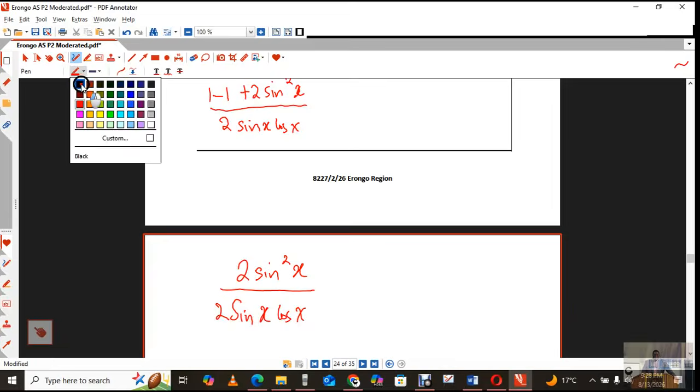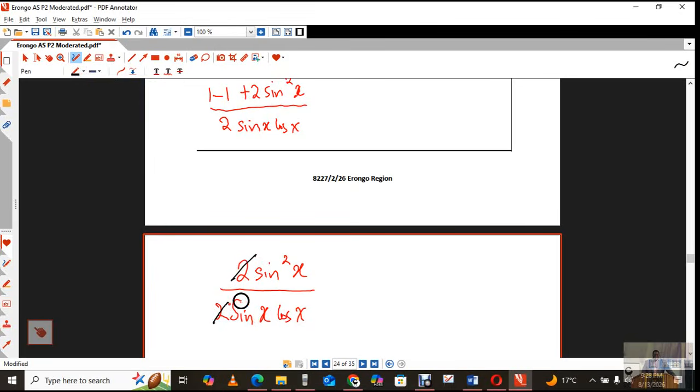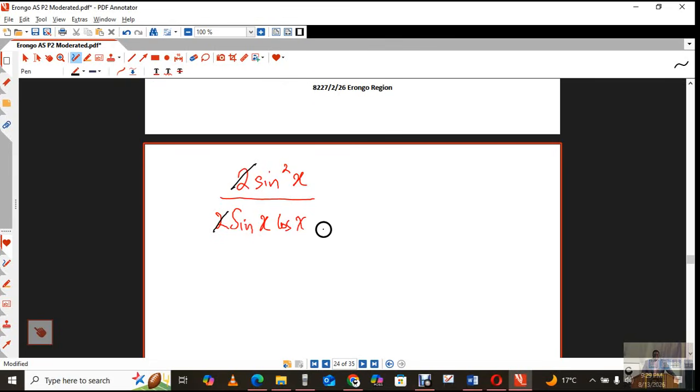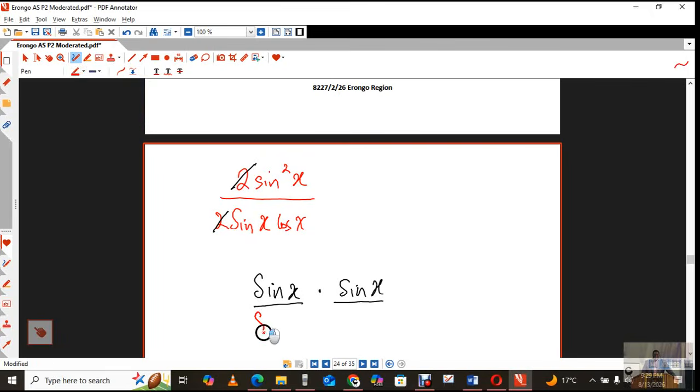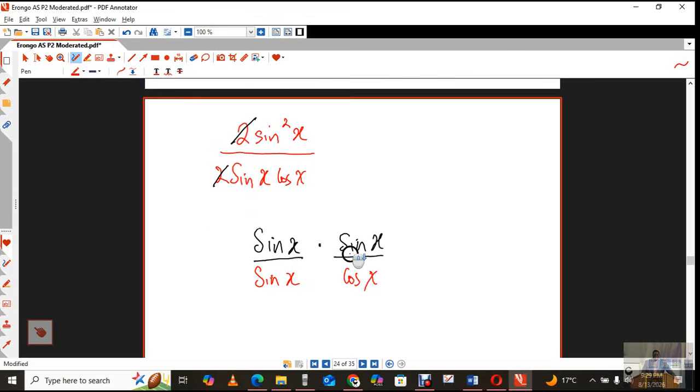Obviously, the 2's cancel, and the numerator can actually be written as sine x times sine x, and this can actually be written as the denominator, which is sine x multiplied by cos x. That makes sense to you?